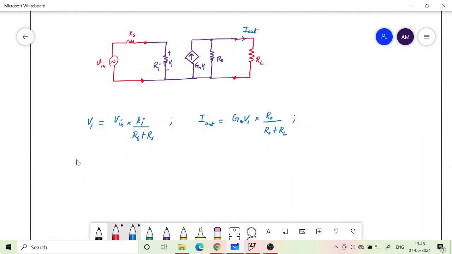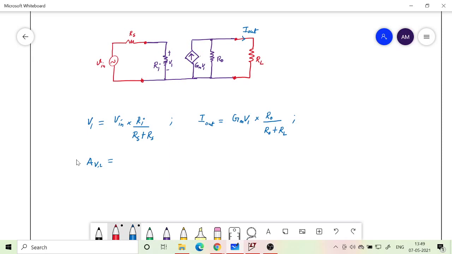Okay, so now you want voltage gain AVL, what was the notation I gave? I forgot. AVL.